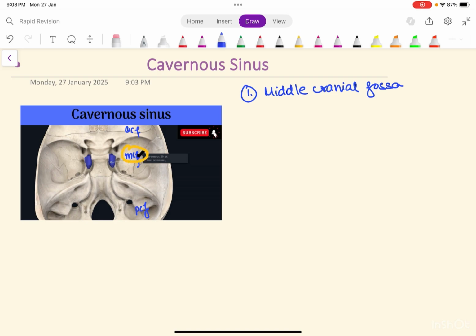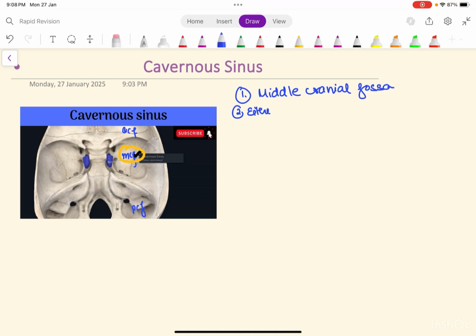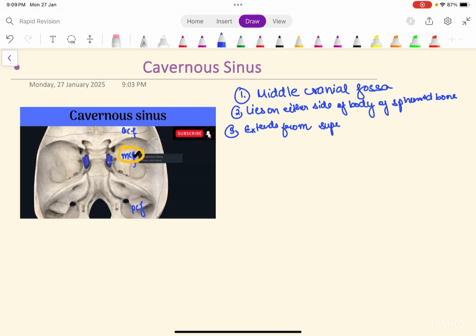Then I want you to see that it lies on either side of the body of the sphenoid bone, and extends from the superior orbital fissure to the apex of the petrous bone.